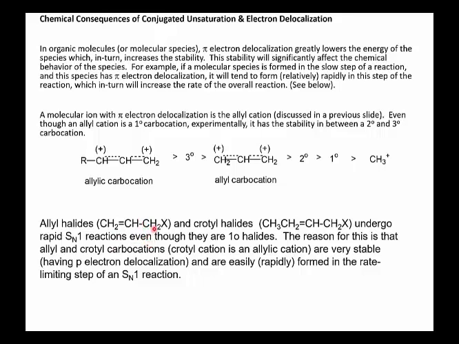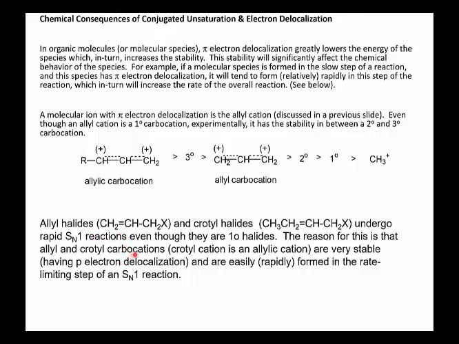Notice the halogen is on a CH2 carbon. That's a primary carbon. Allyl and crotyl halides react very rapidly in SN1 reactions, even though they're primary halides. It obviously has something to do with the presence of the double bond.